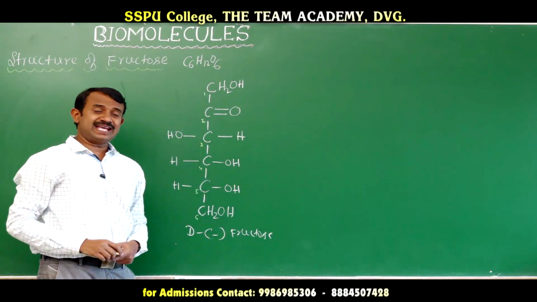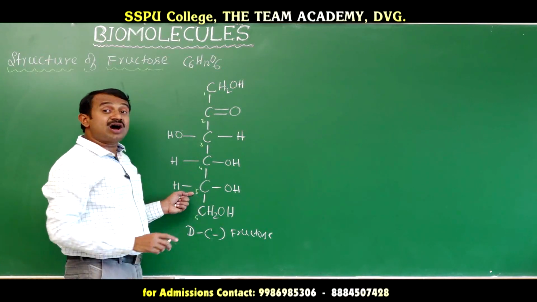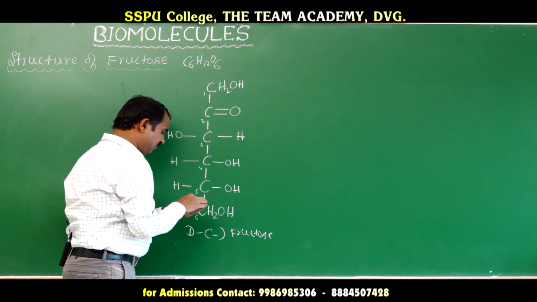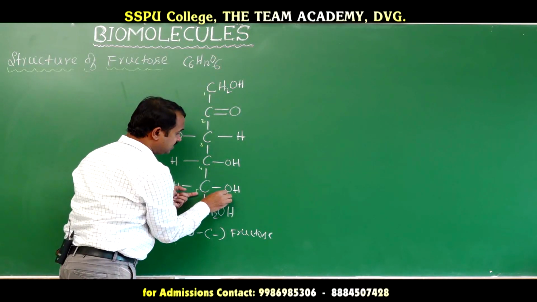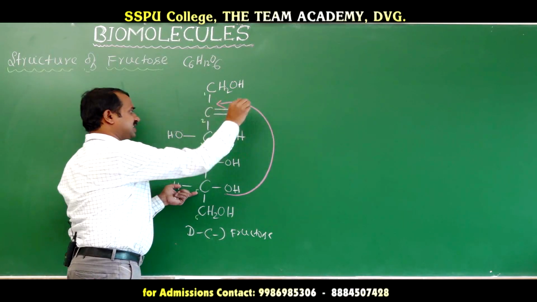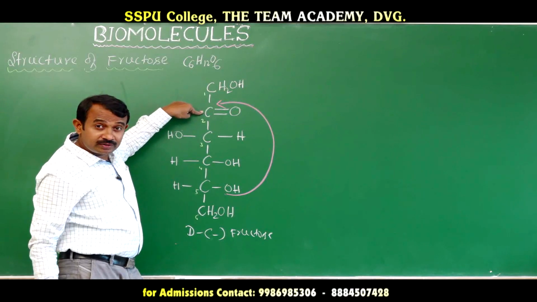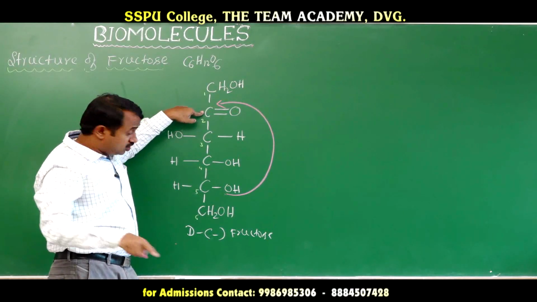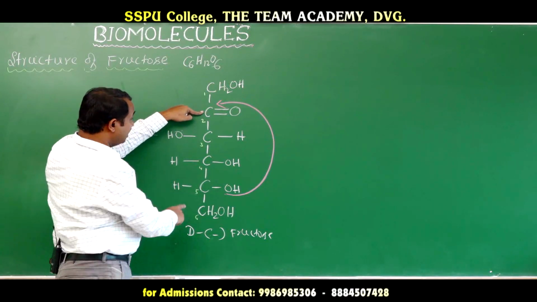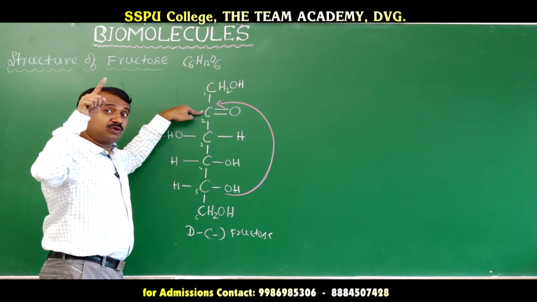Coming to the cyclic formation, it is C5 with C2, where the carbonyl compound is. In glucose, C5 joins C1, the anomeric carbon, since in the aldehyde C1 is the carbonyl carbon.